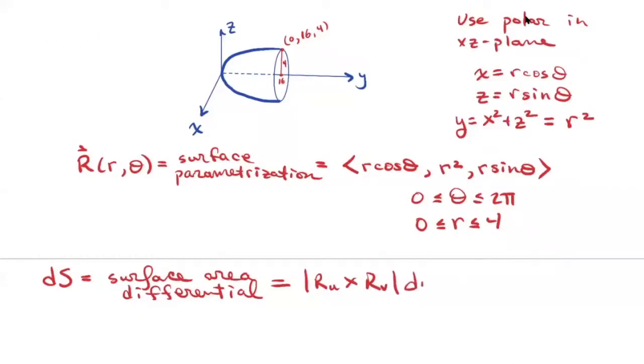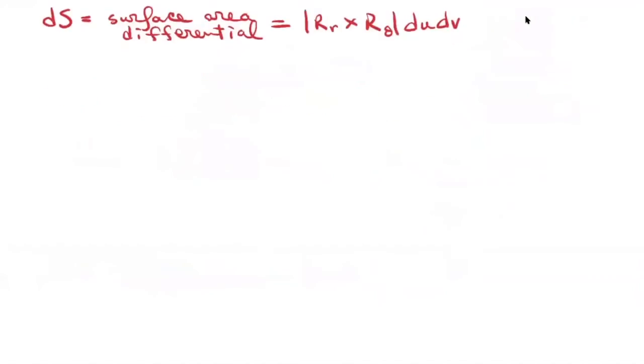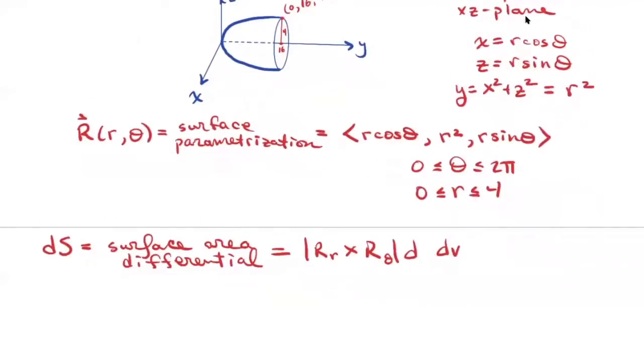That would be sort of the formula, but of course our variables are a little different. So our independent variables here are little r and theta. So we'll do little r for radius and theta, and instead of du dv, we'll do dr d theta.